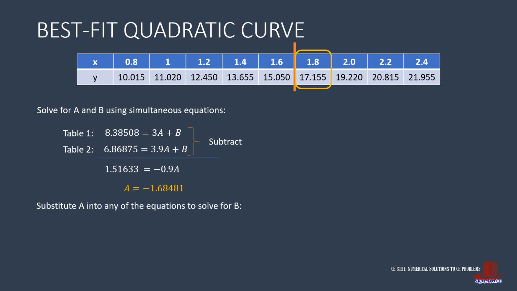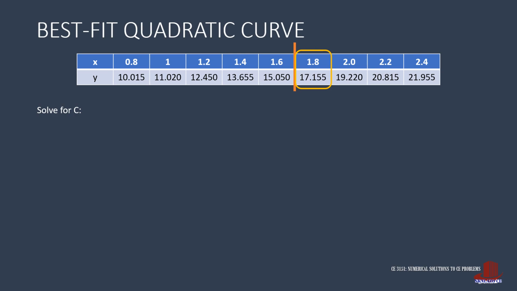Use this value of a into any of the functions, for example that from table 1, which then becomes 8.38508 as equal to 3 times negative 1.68481 plus b, and b turns out as 13.43951. Two of the three unknowns are already identified.